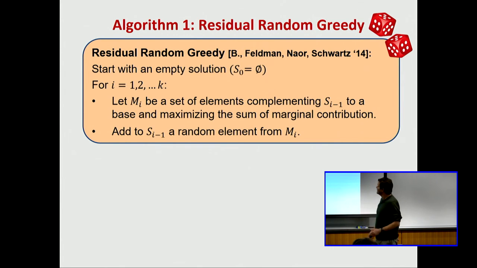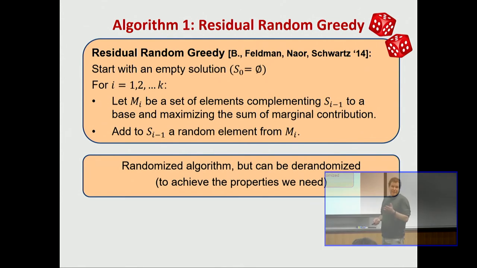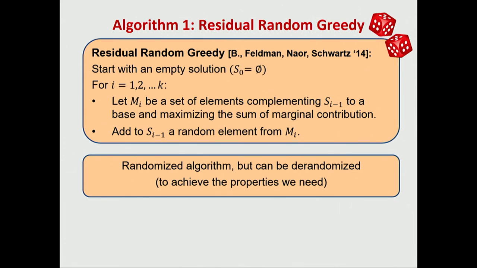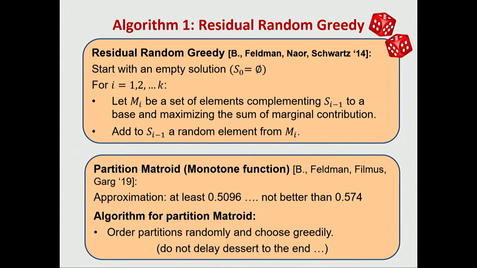And then at random, you choose one of them. In general matroids, you complement the independent set into a base, a spanning tree maybe, according to their current marginal, and then you choose one of them randomly. This is the algorithm. It's randomized, but I will tell you that it can be de-randomized to get our properties. In partition matroid, in particular, it has nice structure.